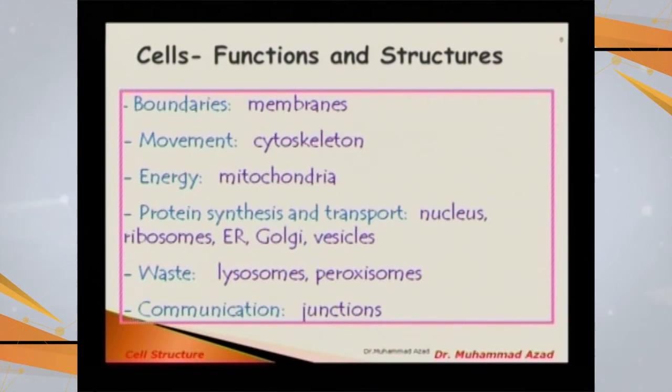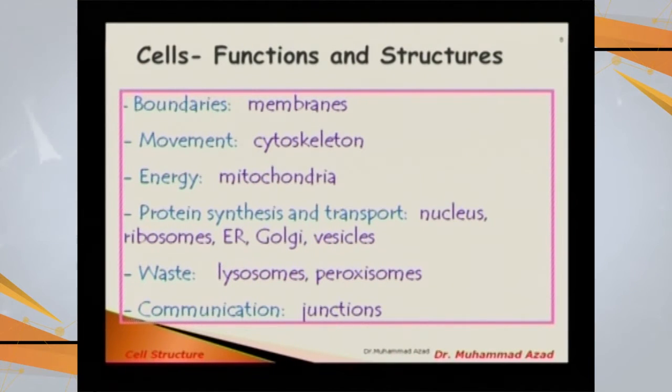The nucleus gives the order. This order comes in the form of messenger RNA to the ribosomes on the endoplasmic reticulum, and then it is given to the Golgi apparatus for finishing and packing of the products, and the products are released by the process of vesicle formation.